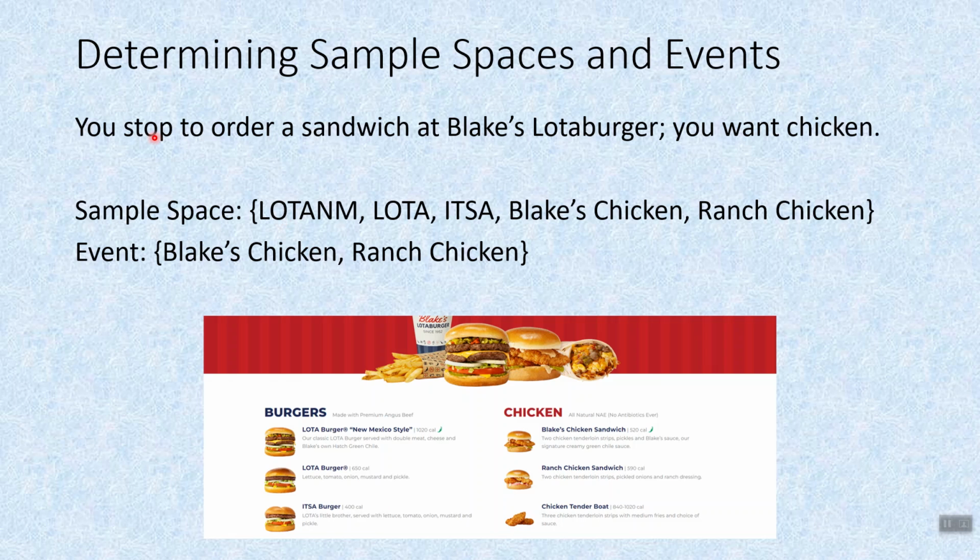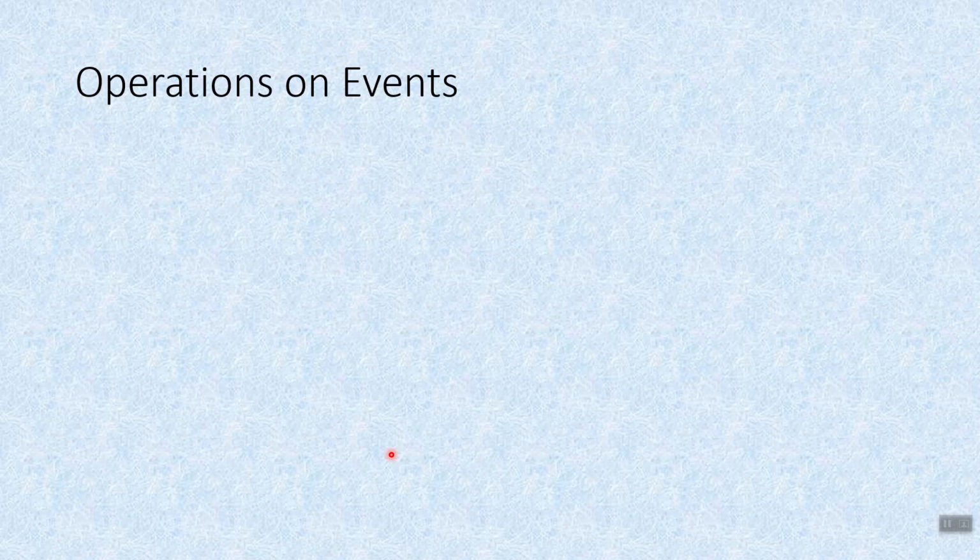Sample space: you stop to order a sandwich at Blake's. So that's all the possible things I'm looking at here. Those are my options. I decide I want chicken, so the event is just narrowing it down to the chicken. Notice that they are a part of the sample space as well. Blake's Lotaburger is amazing. Gotta get green chili on it.